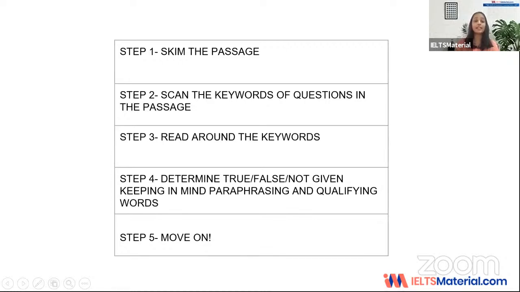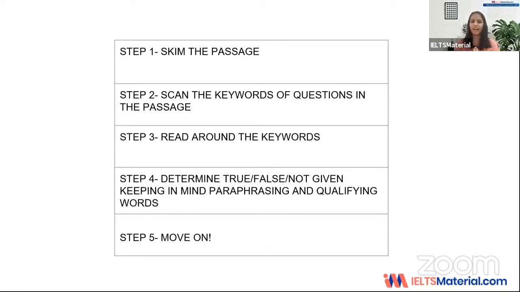All right, so let's keep in mind the following things to solve the question. We are going to skim the passage, a quick reading to get the general idea. Then we are going to scan the keywords of the questions in the passage. Of course, sometimes you will have to read around the keywords to get the answer. And today we learned how paraphrasing and the importance of qualifying words are important to determine whether it's true, false, or not given.